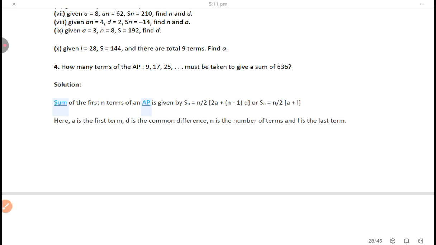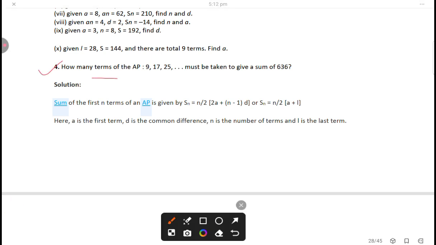Fourth question. How many terms of the AP 9, 17, 25 must be taken to give a sum of 637? Here Sn is given, 637. You have to find n only.